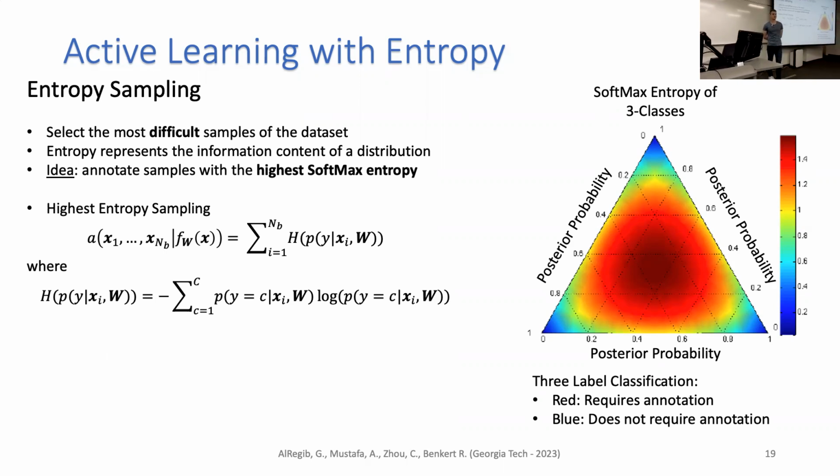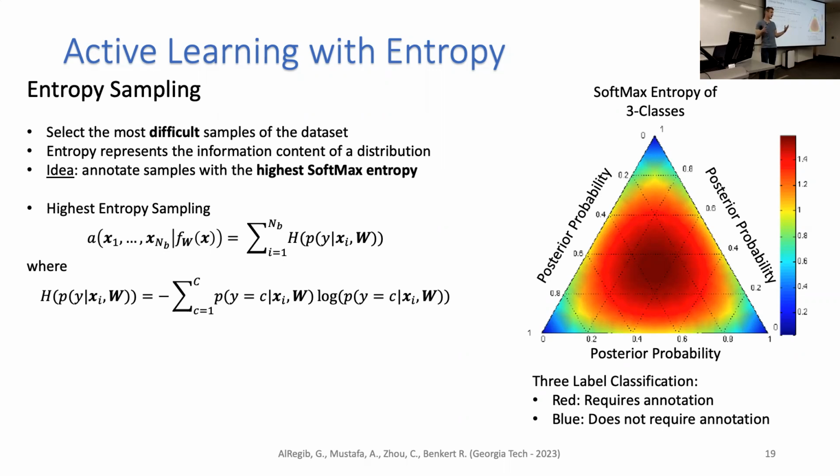And if you've had some information theory classes before, you've probably heard of the information content of a particular distribution. If you have a distribution, you can measure its information content with something we call entropy. Entropy, without going too much into detail, is the probability times the logarithm of the probability, summed up across the vector. That will give you the information content of this probability distribution.